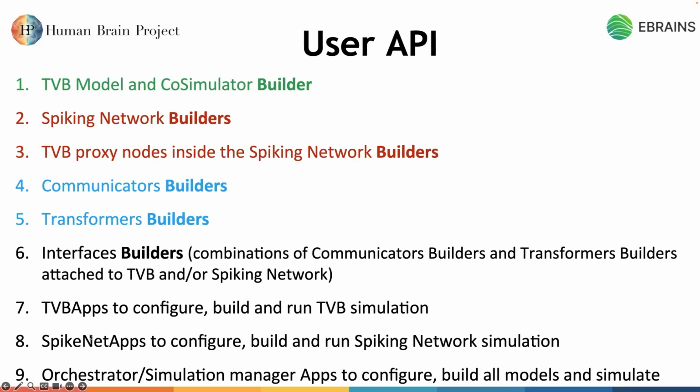And then there are also higher order classes that we call apps. There are TVB apps, spiking network apps, transformer apps, and they can all be orchestrated by an even higher order class called an orchestrator. So an orchestrator implements a whole workflow.